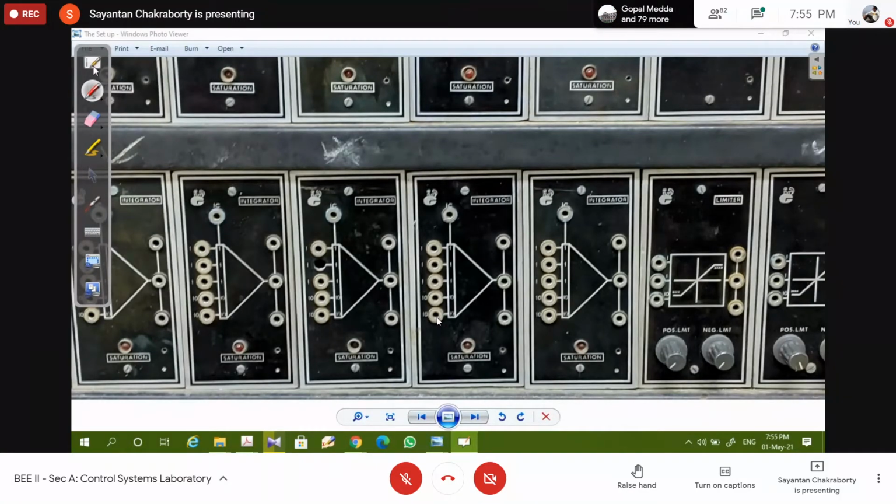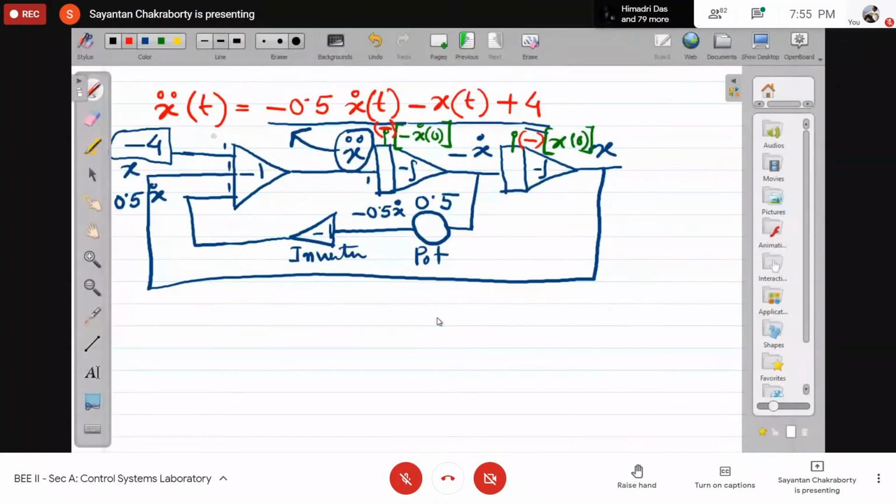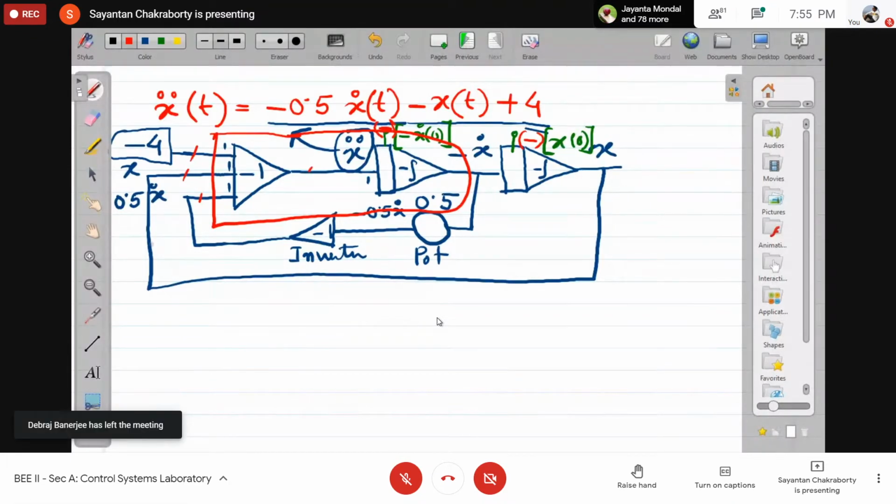So what we can do is club this summer and this integrator together. What is the advantage? In this case, how many connections are there? 1, 2, 3, 4. From these 4 connections, we can reduce at least one connection, and this will also remove the extra inverter component.